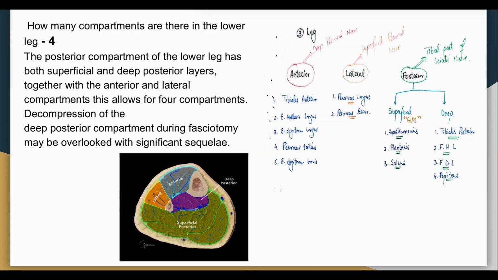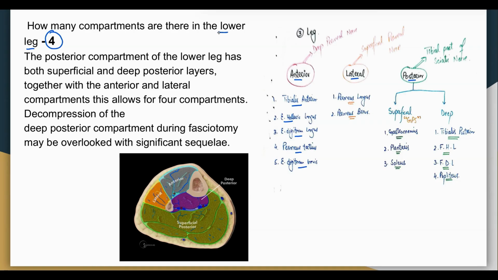So how many compartments are present in the lower leg? We have 4 compartments. Let's talk about their muscles and their nerve supply as well. We have the anterior, lateral and posterior compartments. The anterior compartment has tibialis anterior, extensor hallucis longus, extensor digitorum longus, peroneus tertius, and extensor digitorum brevis.